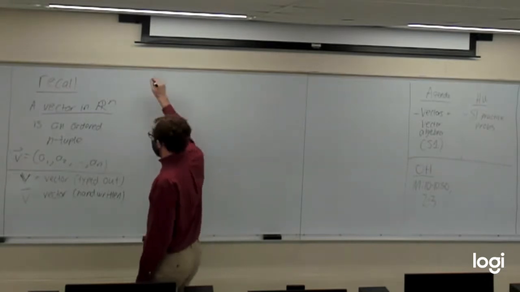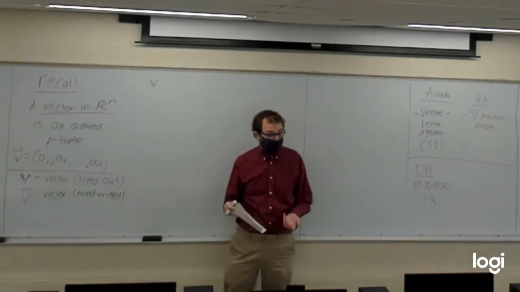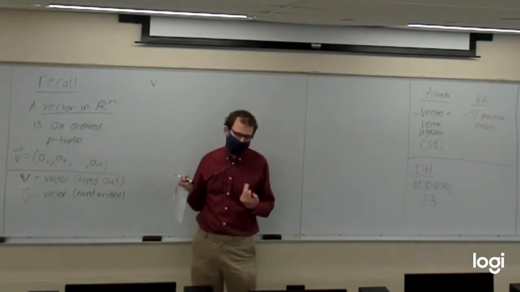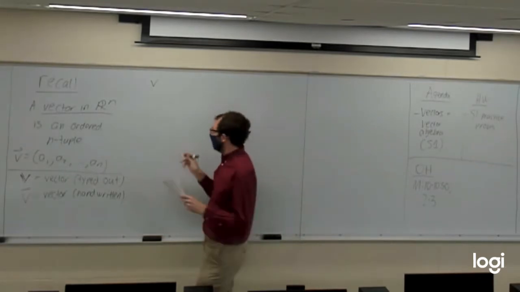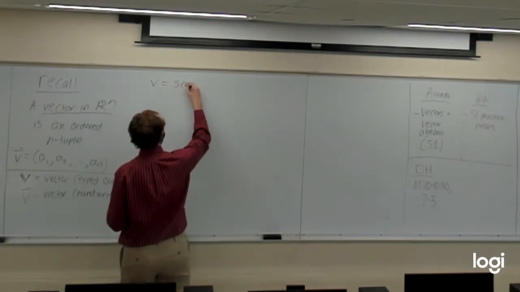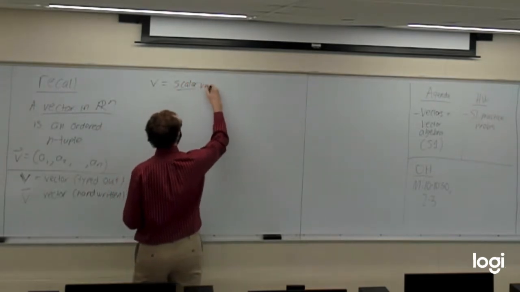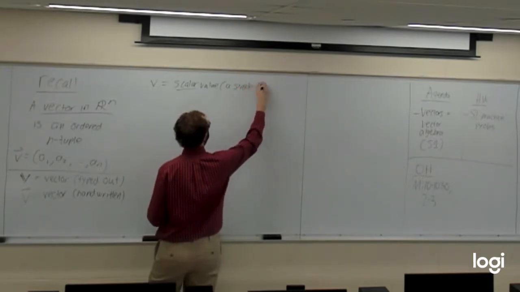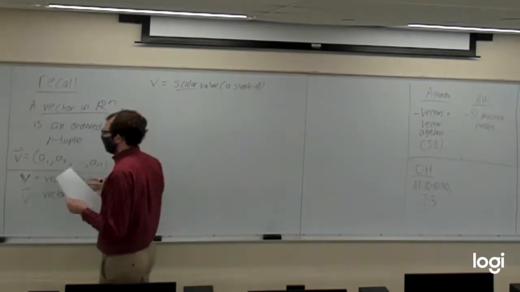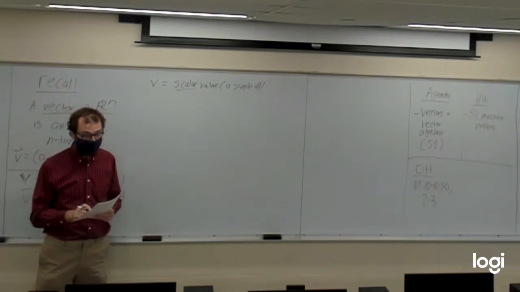Whereas a V with no hat and no bolding meant that we have not a vector, but just a scalar value, just something that's made up of a single number. And that's where we left things off last class.